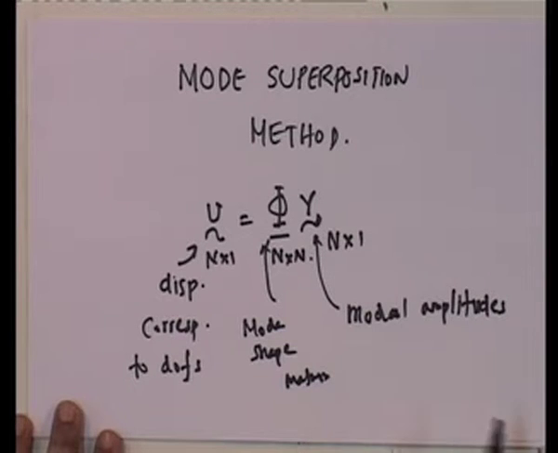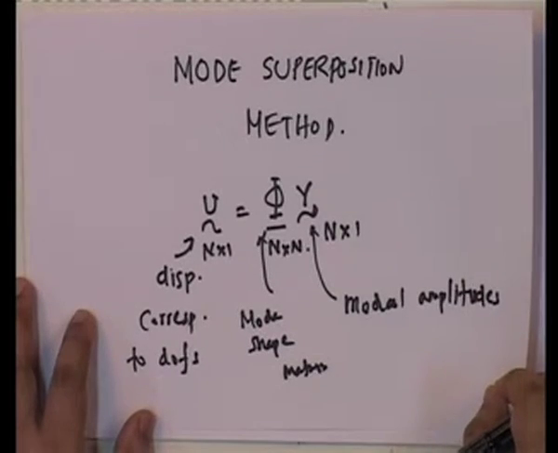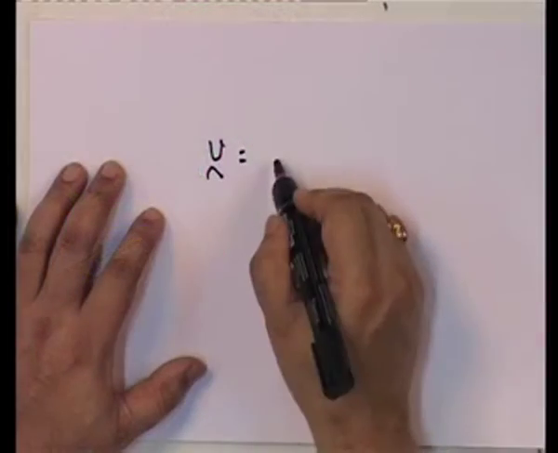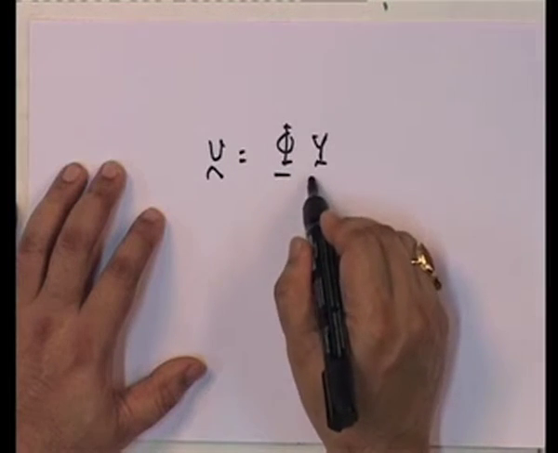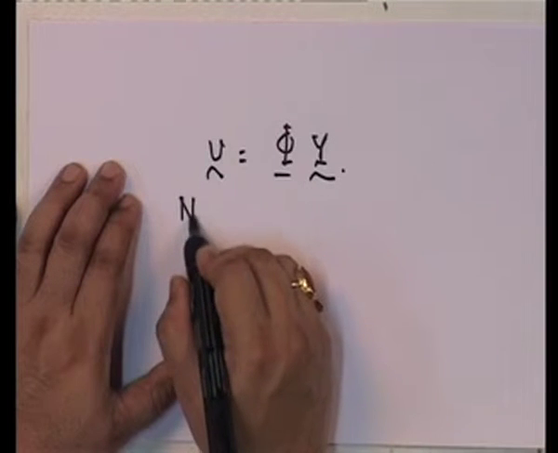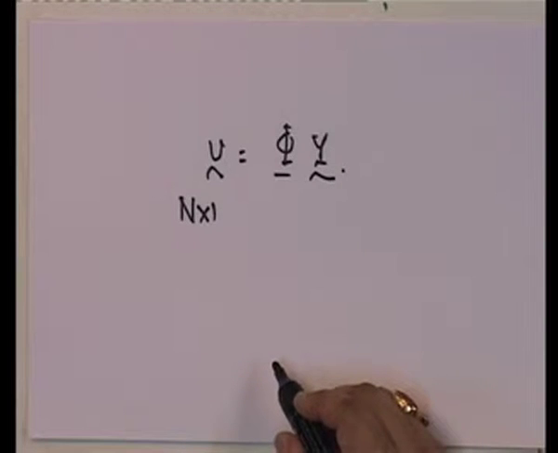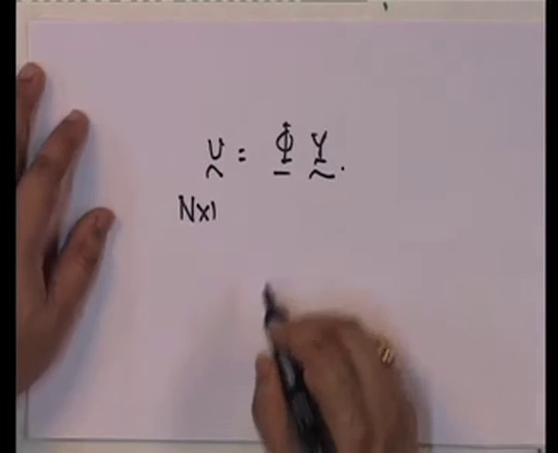Okay. Now, remember last time we said that in reality, you do not require all the modes to be considered. So, V is equal to phi into y, where this is n into 1. This remains n into 1 purely because it is an n degree of freedom structure. So, these are displacements corresponding to each degree of freedom.